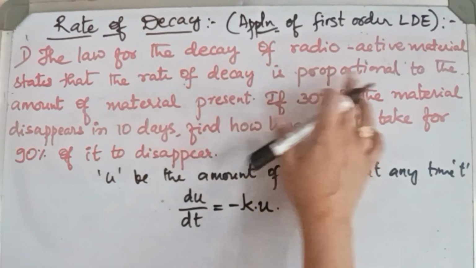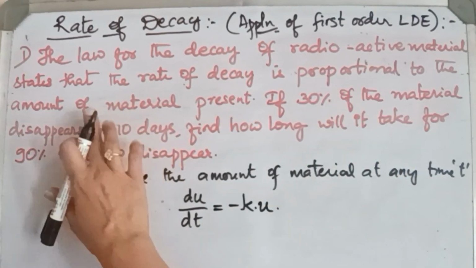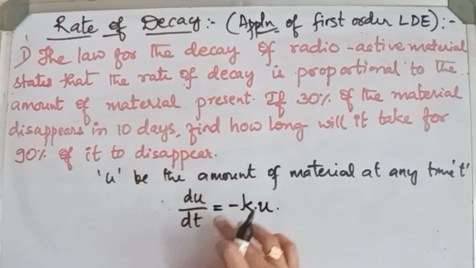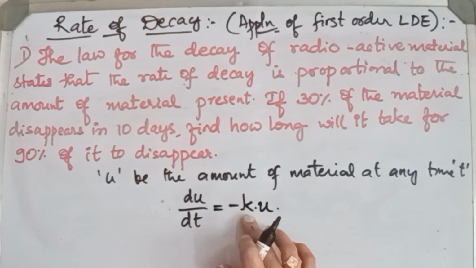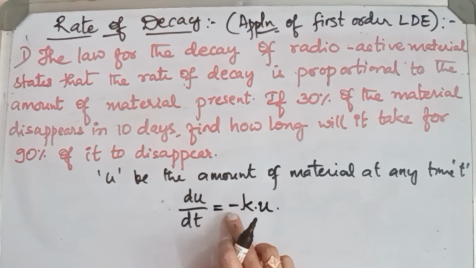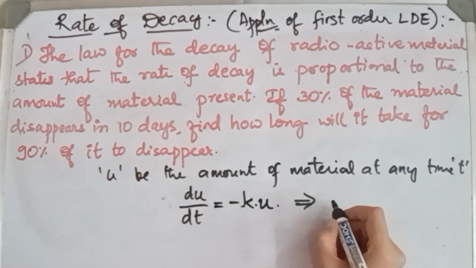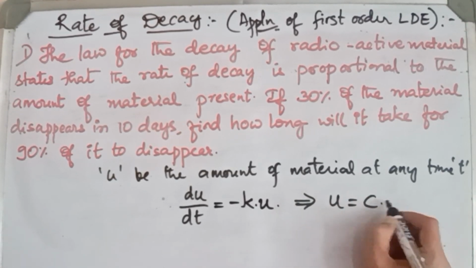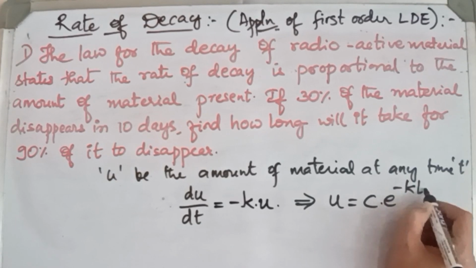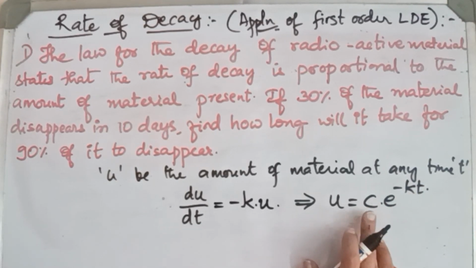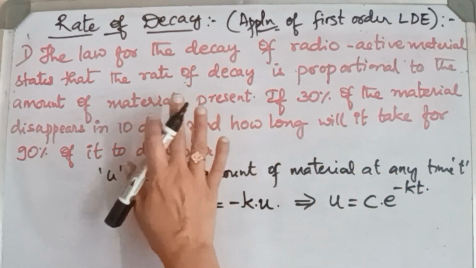So du by dt is proportional to u, amount of material present. So the constant of proportionality is k with a negative sign because it is decay. And we have seen that its solution is u equal to c into e to the power minus kt. Now we have to get the values of these constants c and k using the conditions.